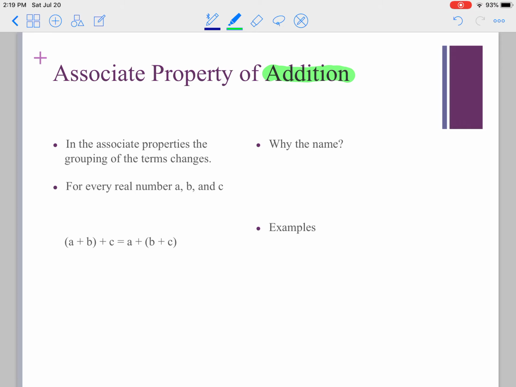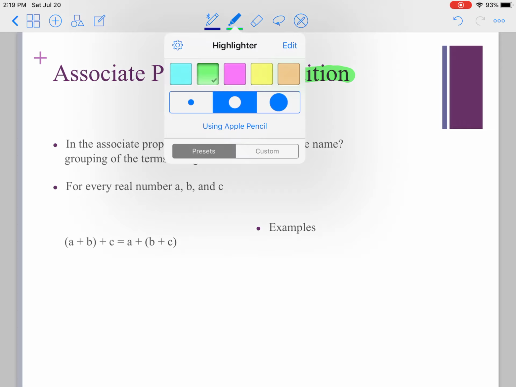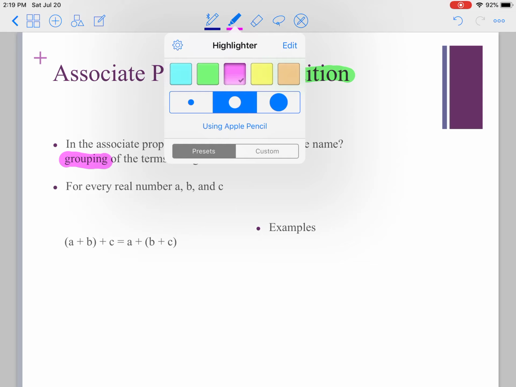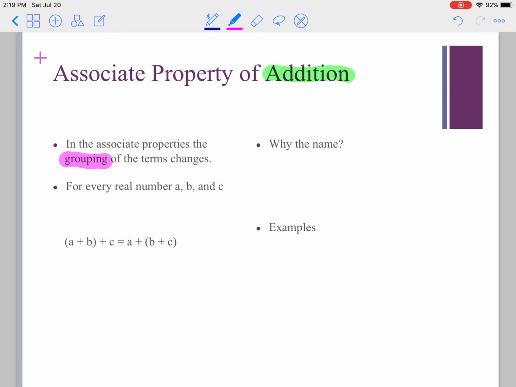And so when we look at the associative property, what this is stating is that the grouping of the terms changes. So we're changing the grouping. And whenever the grouping changes with addition, the value does not. So once again, we're generalizing.